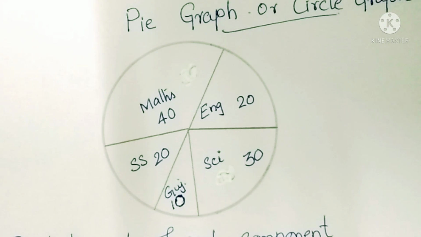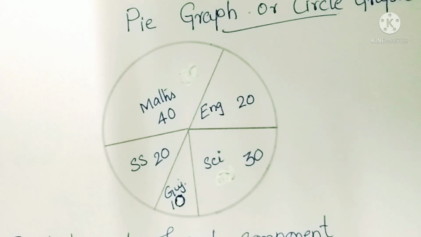Now, in the circle or a pie graph, the complete data will be represented in circular form, and the circle itself will show the whole of the whole data, okay, and that whole data will be divided into its parts.